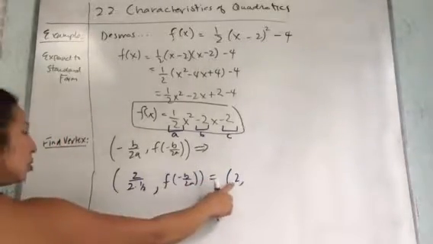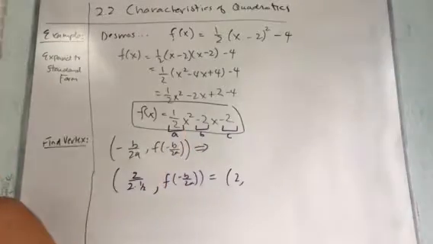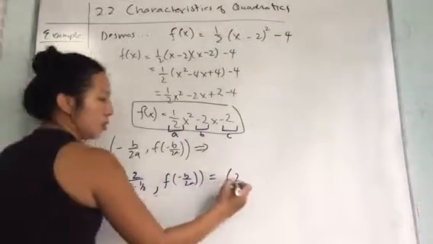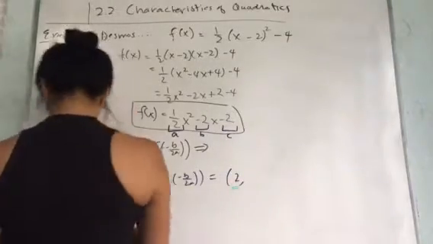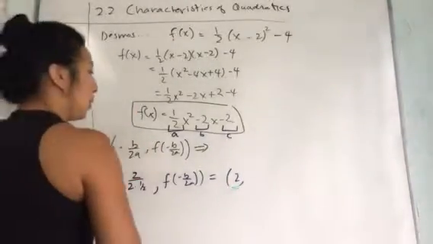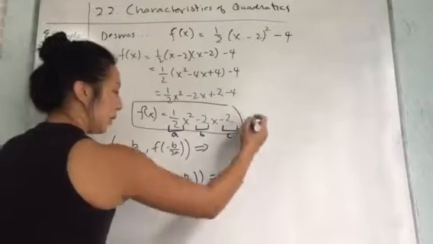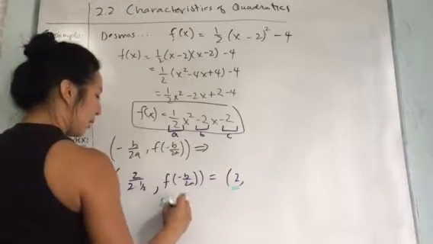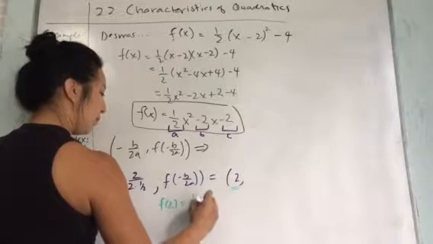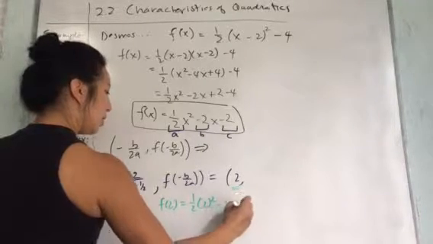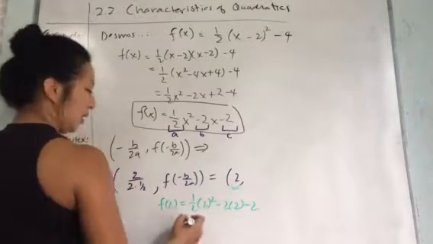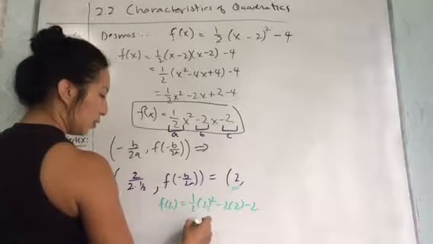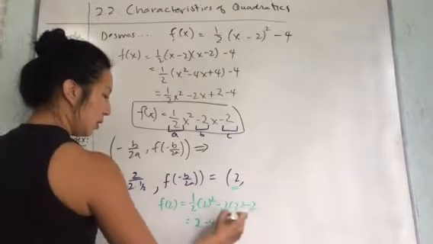Now I plug 2 into this equation, since this is my x-coordinate. I'm going about it in a roundabout way. If I want to find f of 2, it's going to be 1/2 times 2 squared minus 2 times 2 minus 2. So this is 1/2 times 4, which is 2, minus 4 minus 2.